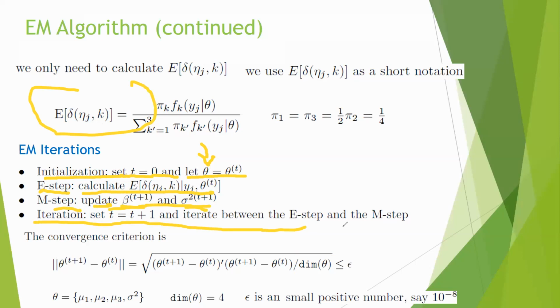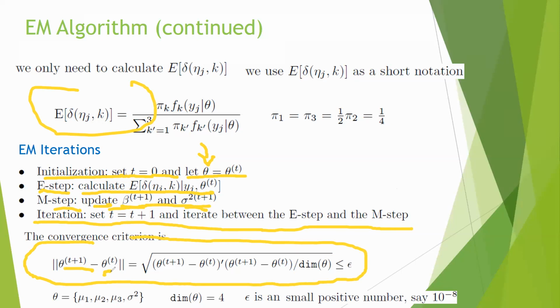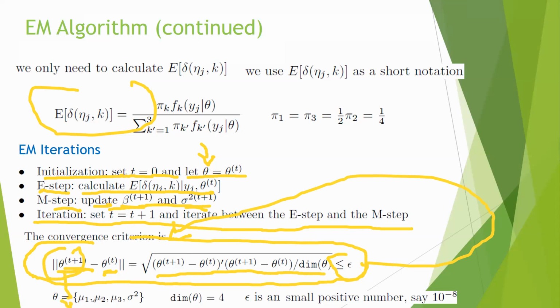We go on and on until it converges. This is the converging criterion: we evaluate the difference between the estimation from step T and step T+1. If the difference is sufficiently small, the convergence is achieved, and the final step estimation will be your solution.